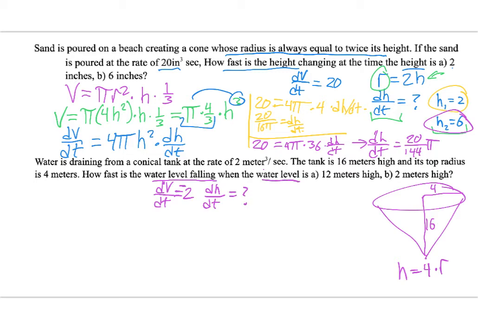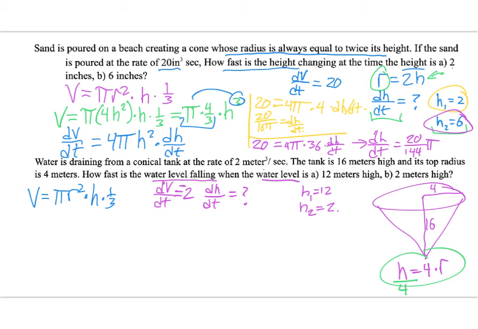When the water level is h1 it is going to be 12, h2 is going to be 2. Okay, I'm going to use the same math that I did in the previous one. Start off with my volume is pi r squared times h times 1/3. We've got a different relationship here in terms of the height and radius, so I'm going to plug that in now, but I really want this to be with height.